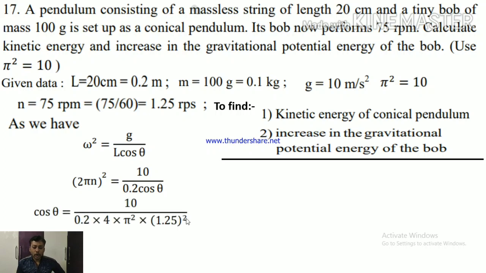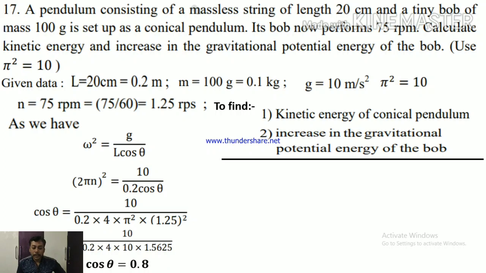So from this, cos theta is equal to 10 upon 0.2 into 4 pi square into 1.25 square. So hence cos theta is equal to 10 upon 0.2 into 4 into 10 into 1.5625, 1.25 square is there. So we get cos theta is equal to 0.8.